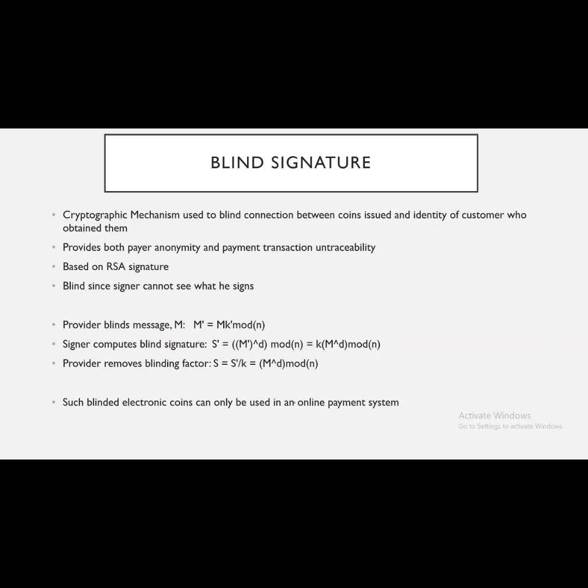We have to remember that it is based on RSA. The signer cannot see what he signs, and the three steps involved are encrypting the message with the blinding factor, getting it signed, and removing the blinding factor.